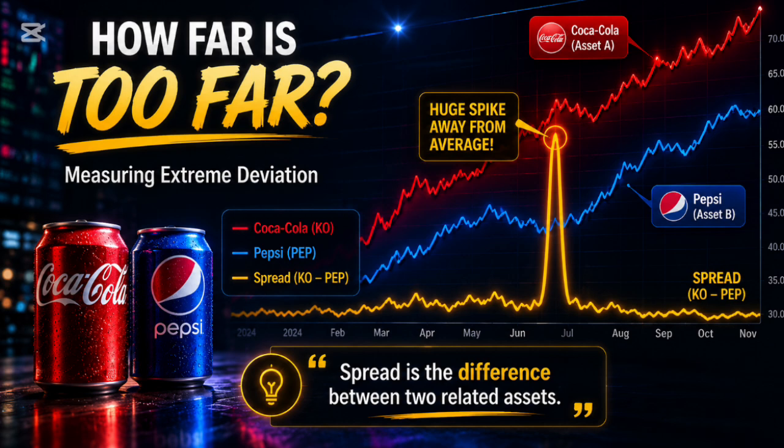Not every movement in the chart is important. Some movements are completely normal, but sometimes the movement becomes statistically unusual, and this is where Z-score becomes extremely important.